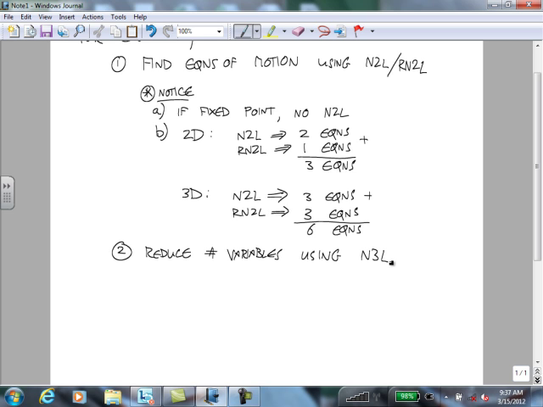Then make a new list of your variables, and list and number your new equations. And repeat these 3 steps for every rigid body until you're done with the whole linkage.